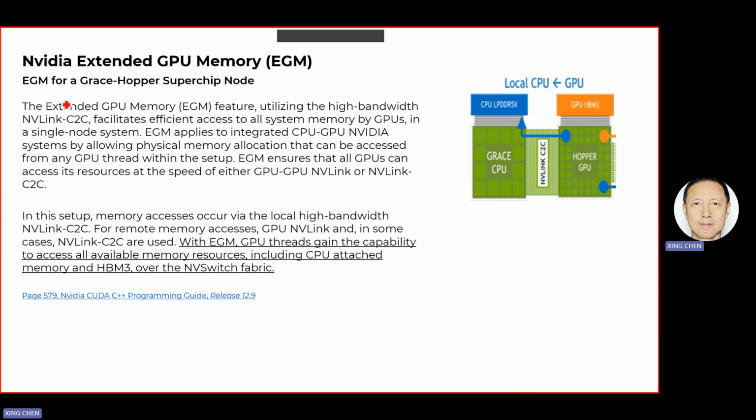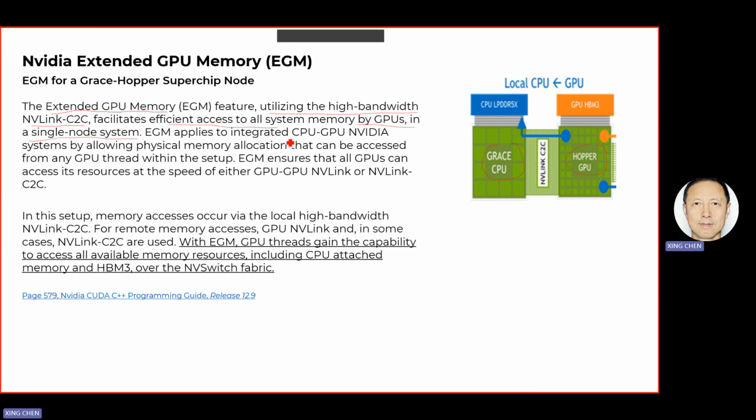The extended GPU memory is called EGM. This feature, utilizing the high bandwidth NVLink C2C, facilitates efficient access to all system memory-based GPUs in a single node system. A single node system means the CPU and GPU connected by the C2C.